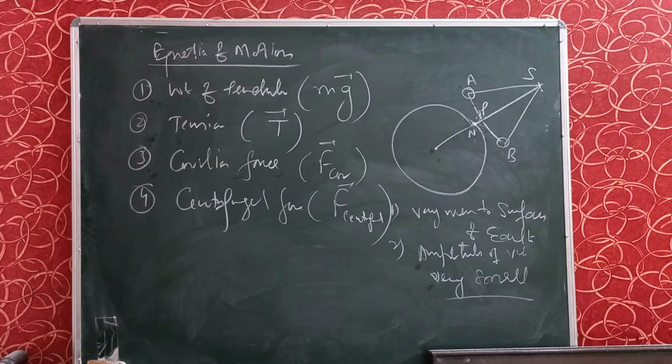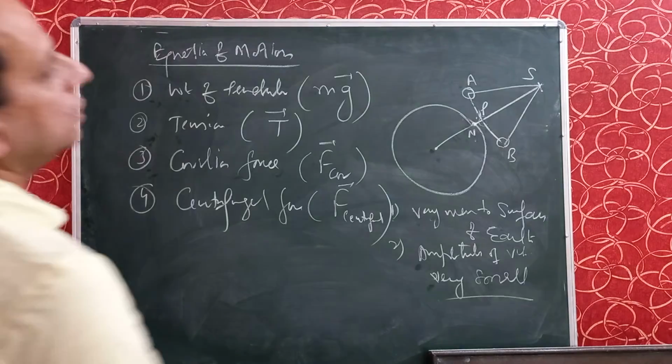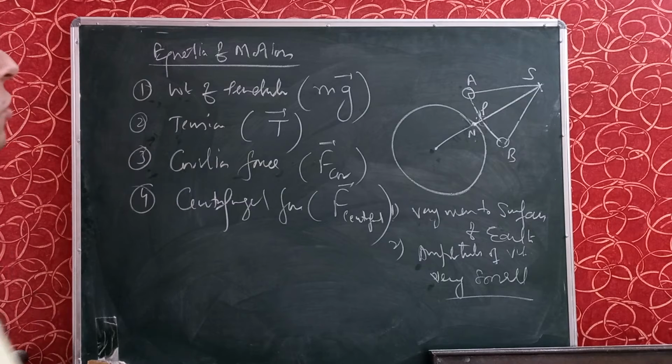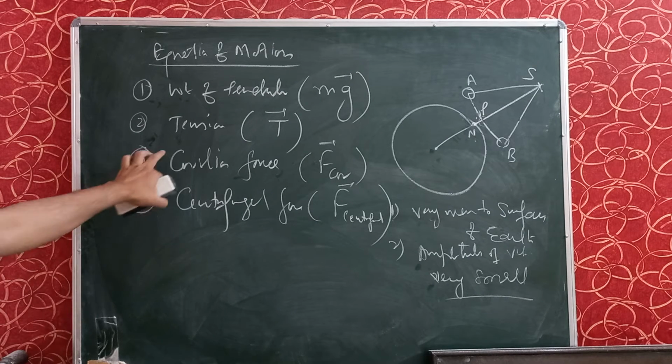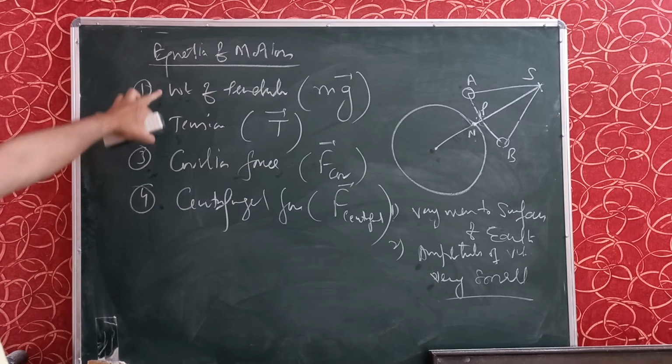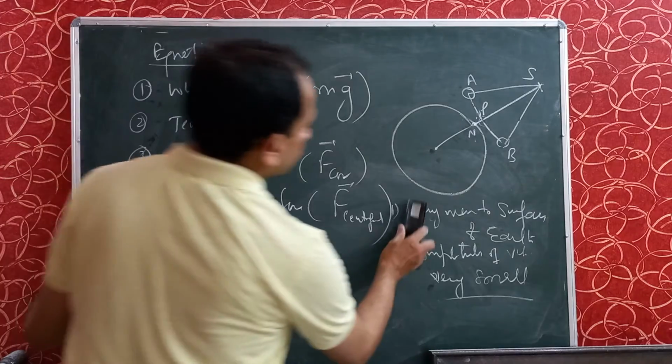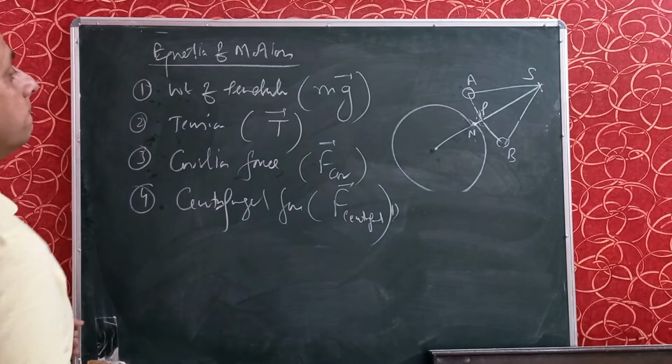So there are four forces. Two forces are due to mass and string, and two forces are pseudo forces or fictitious forces, that is Coriolis and centrifugal force. These are applied by the earth. So overall there are four forces acting on the pendulum.